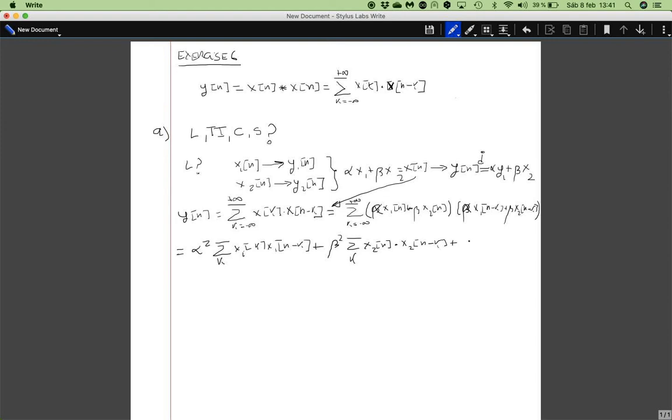The first cross term will be alpha beta, taken out of the summation, times the summation in k of x1[k] x2[n minus k], plus this other term, which will also be alpha beta, or beta alpha, times the summation in k of x2[k] multiplied by x1[n minus k].